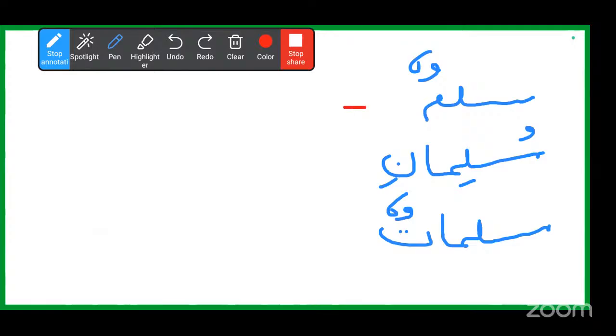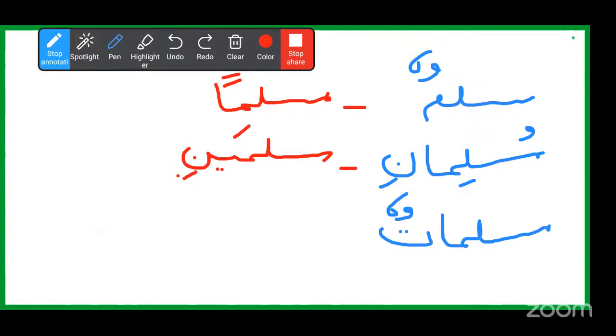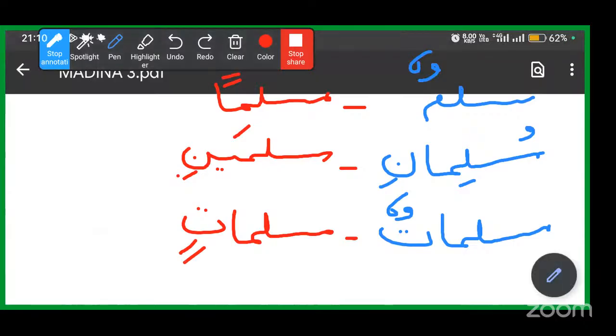Halat nasabi: Musliman, Muslimaine, Muslimatin. What about the halatul jar?